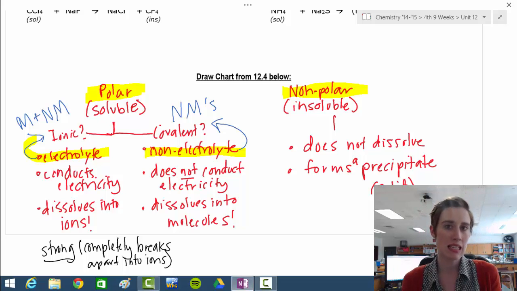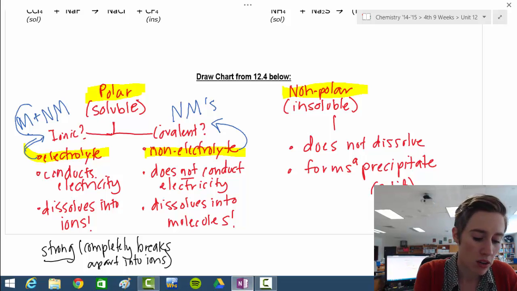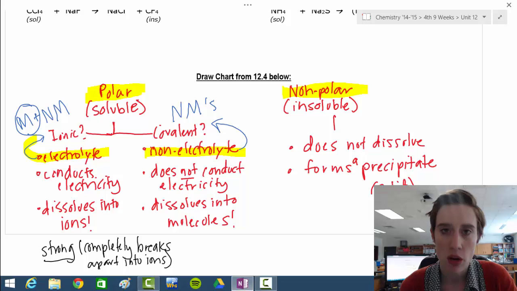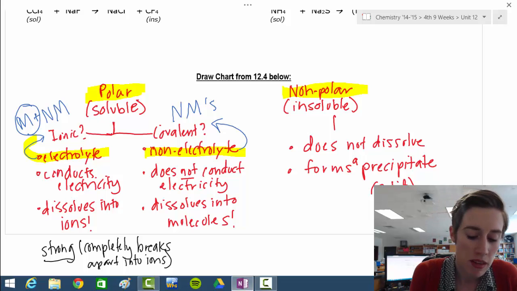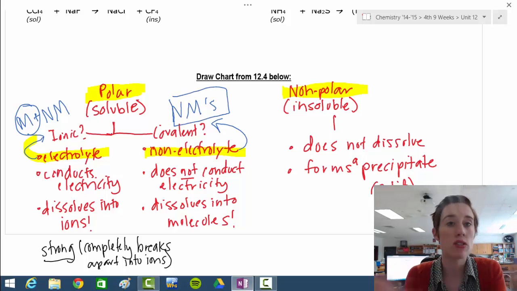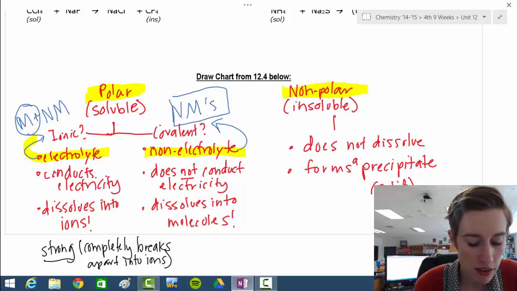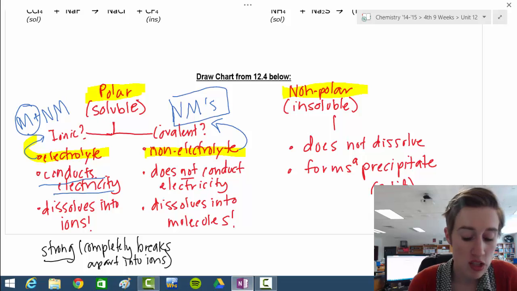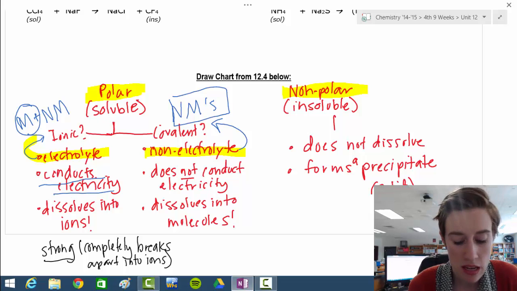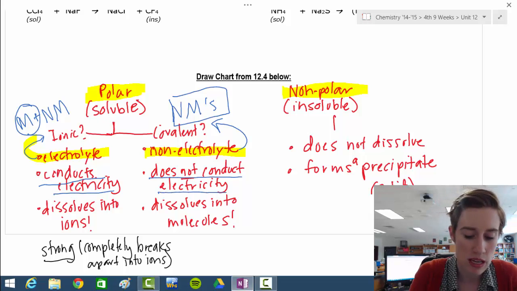That should make sense because metals conduct electricity, right? So if there's a metal in there anywhere, we know it's going to be an electrolyte. In covalent compounds, there's no metals anywhere, so that makes sense that they are non-electrolytes. And that follows along with anything that's an electrolyte should conduct some electricity. Anything that's a non-electrolyte won't conduct any electricity.